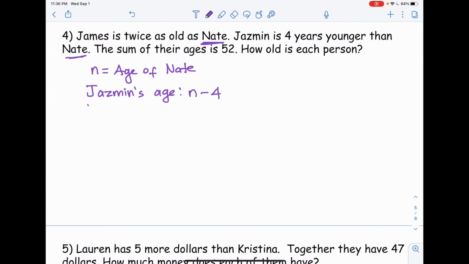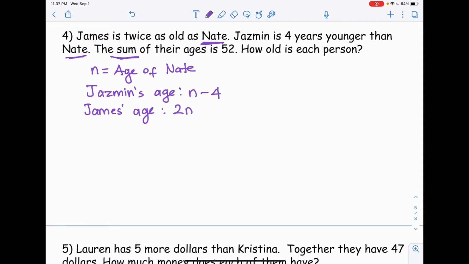And then James' age will be, since he is twice as old as Nate, 2N. Okay, are we good so far? Okay, let's go ahead and write an equation for their sum. So we are going to write Nate's age plus Jasmine's age plus James' age all together, which will be equal to 52.